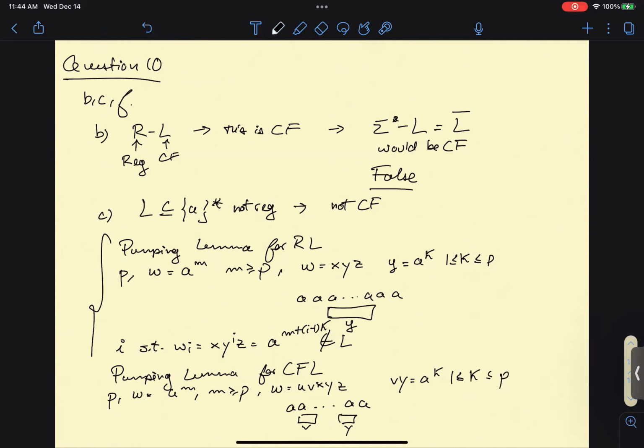And the other thing I know, and this is important, is that V is A^K1 and Y is A^K2. Where K1 is at least 0 and at most P minus 1, and K2 is at least 0 and at most P minus 1.